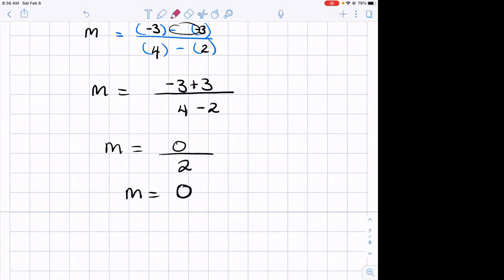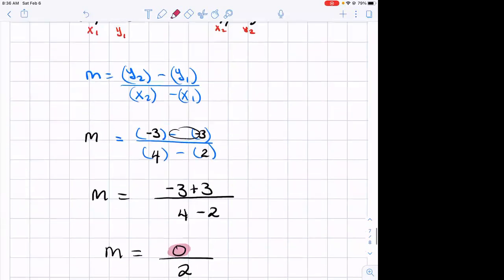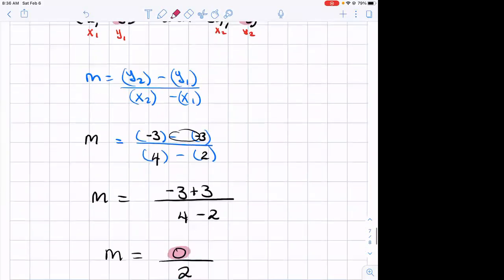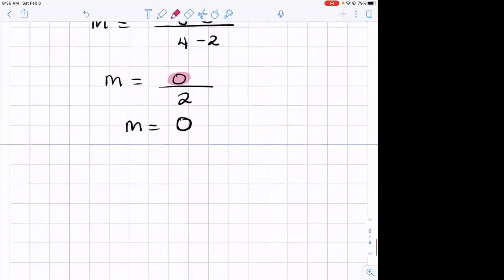So notice that in this case, 0 is in the numerator. Okay? And notice on my points now, the y values were the same as before in my last example. So when the y values are the same, automatically you should know that this line has a 0 slope.